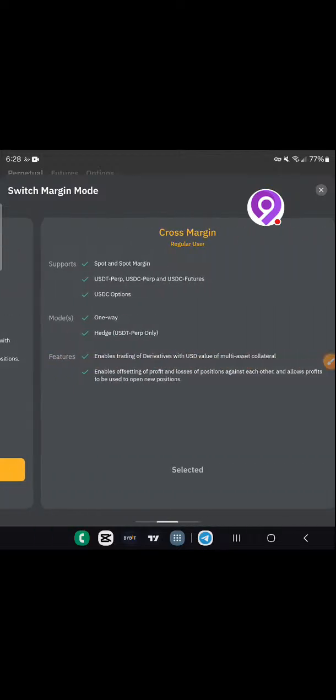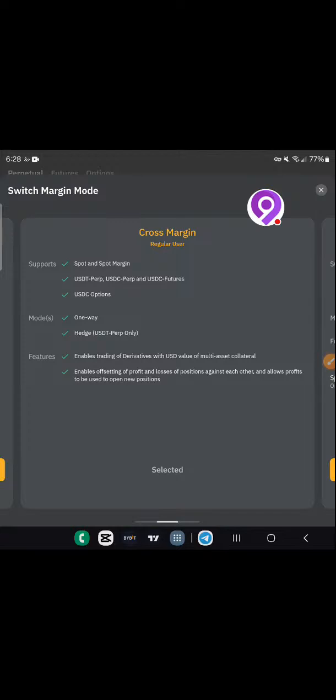Now the next one will be cross margin. Cross margin, we call it higher risk, right? So if you have $100 as your capital and you're using $10 as your margin, not only the $10 is at risk, the entire $100 is at risk.